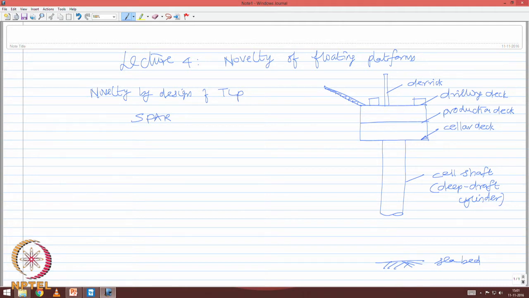Generally, because of the extensive length of the cylinder compared to its thickness, it undergoes vortex induced vibration.